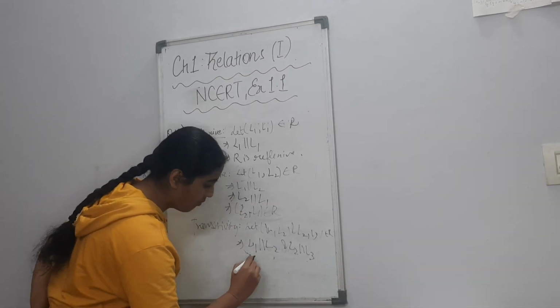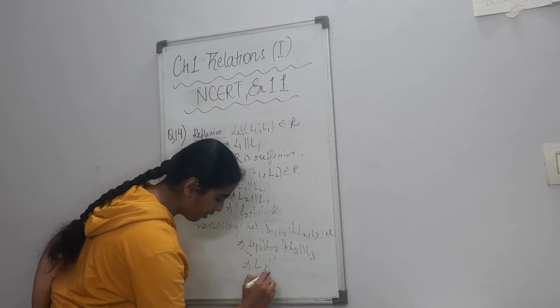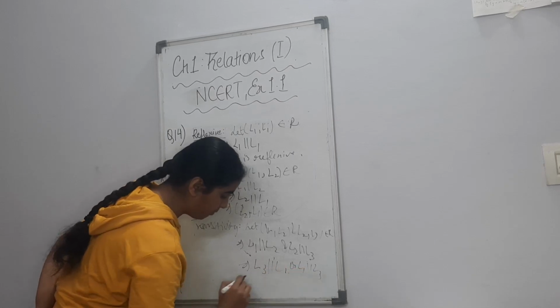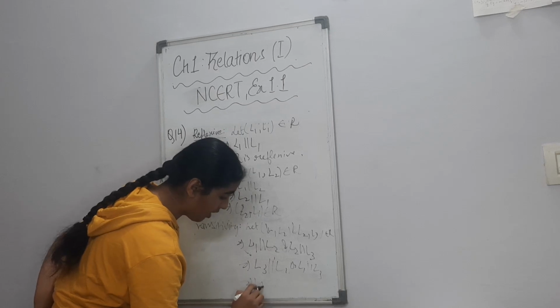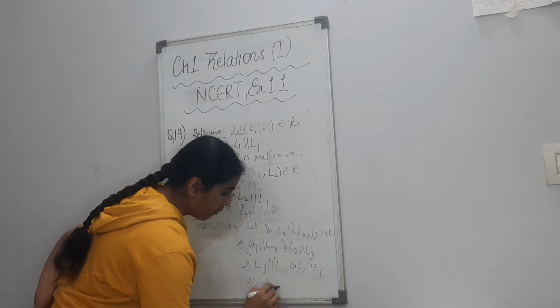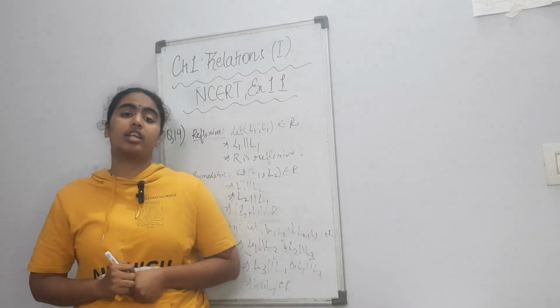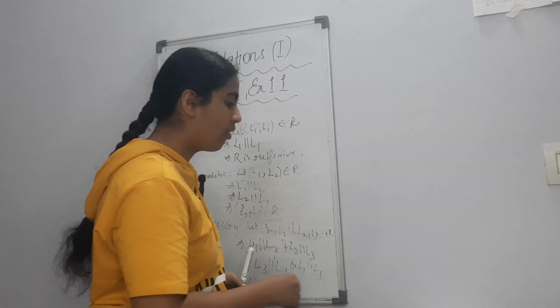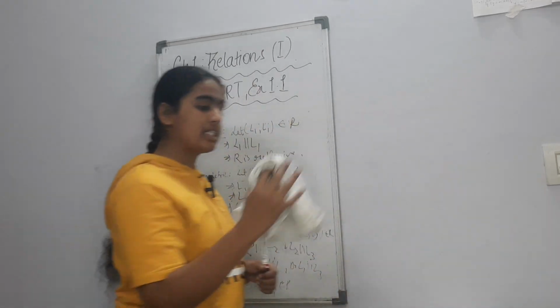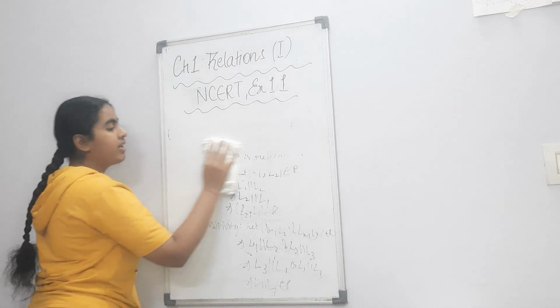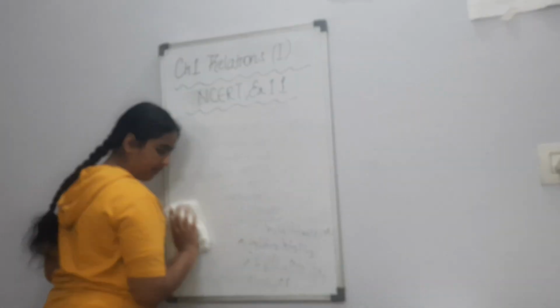That is a given. So L1 is parallel to L3, which implies (L1, L3) belongs to R. This proves that our relation satisfies all three conditions. It is reflexive, symmetric and transitive, which means that it is an equivalence relation, and we have proved it.